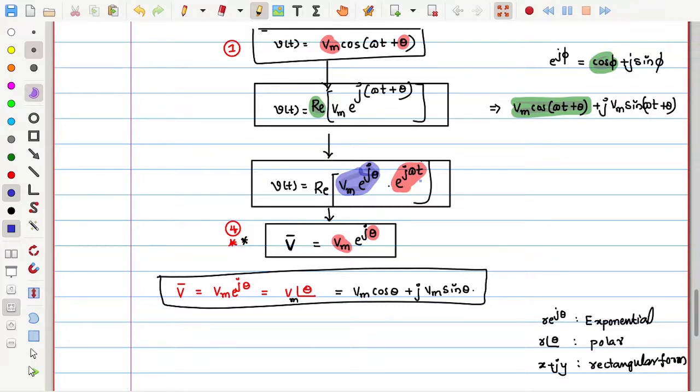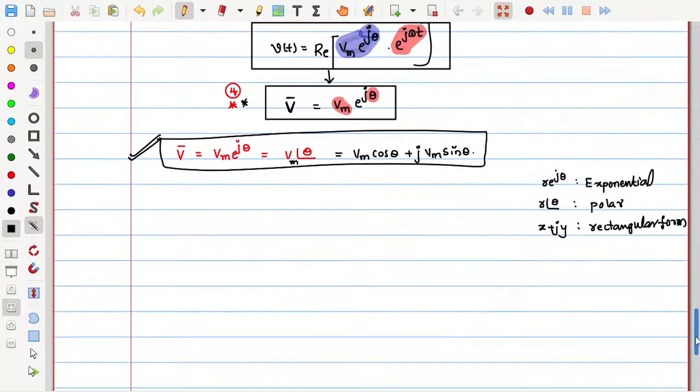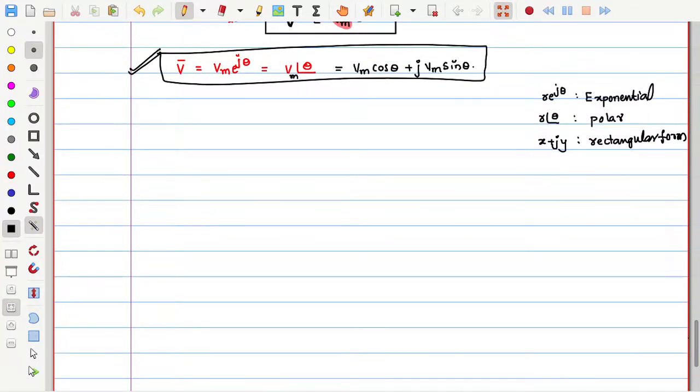Ultimately, what you need is these three forms, which are very important. Vm e power j theta is equivalent to Vm at an angle theta, or Vm cos theta plus j Vm sin theta. This we call the vector representation.